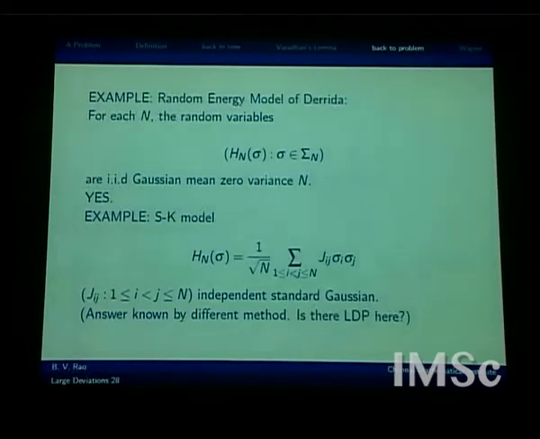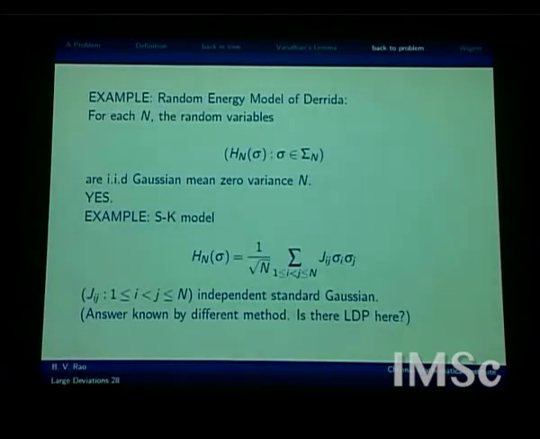Now you might get worried about what is going on here. Above I said variance n, and at the bottom I am saying these are standard Gaussian with variance 1, but do not worry. How many Gaussian terms are here? In this sum there are n into n minus 1 by 2 Gaussian terms, and each has variance 1.